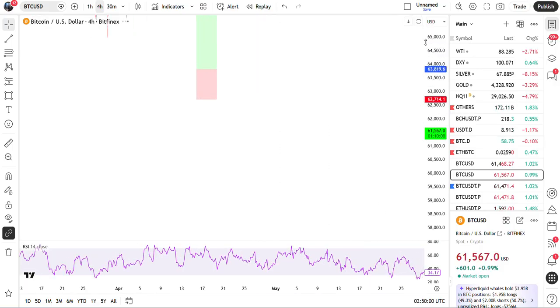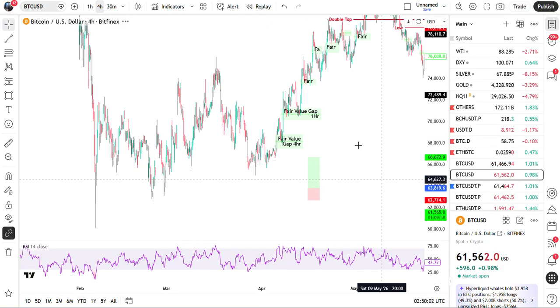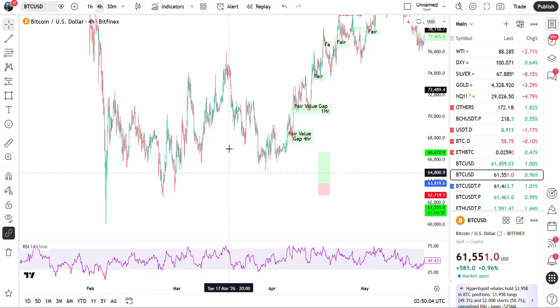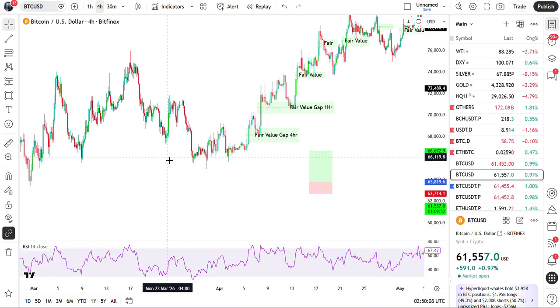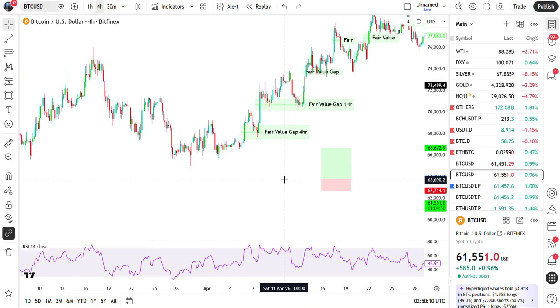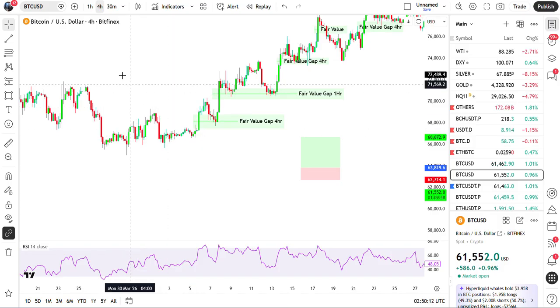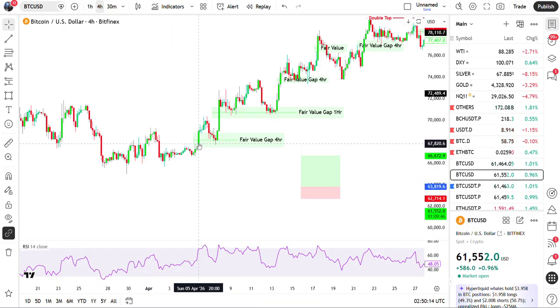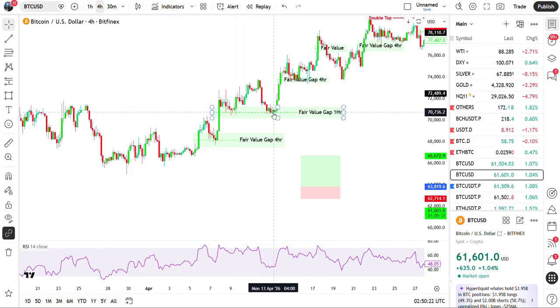Let's go back to where this recent uptrend started. So we were consolidating after a massive drop from 126, and it was thought that we were going a lot lower. From a market structure perspective, you can see we have a high taking out the lower high, a higher low, a high, higher low.